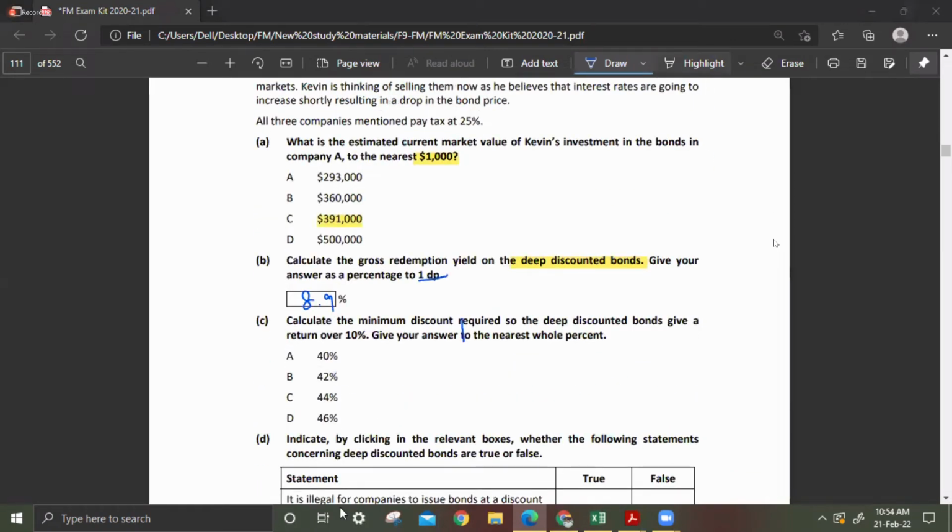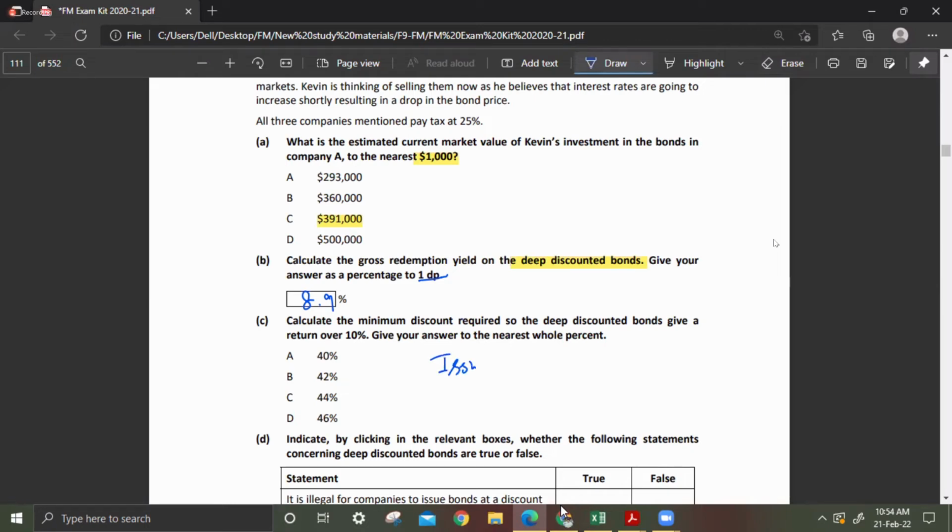Calculate the minimum discount required so that the deep discount bonds give a return over 10%. So they are asking you how much should be the discount so that you get the return over 10%. So how is the equation? Can you all frame the equation first?